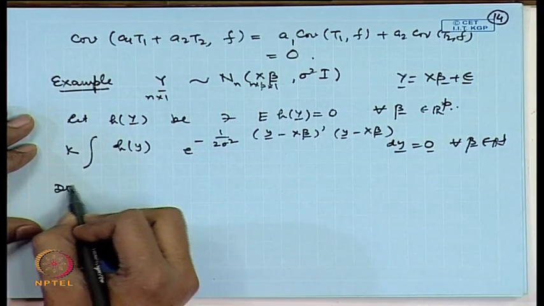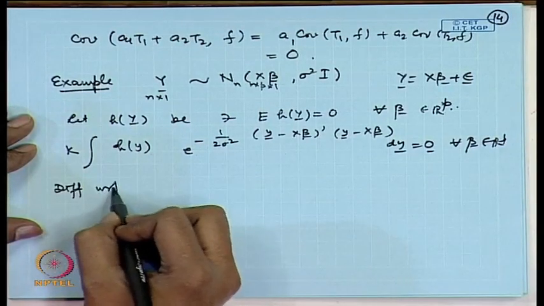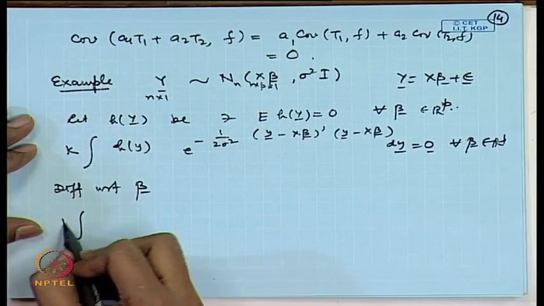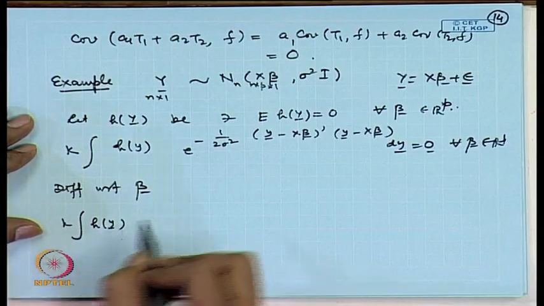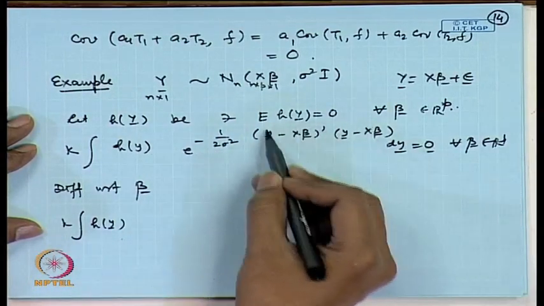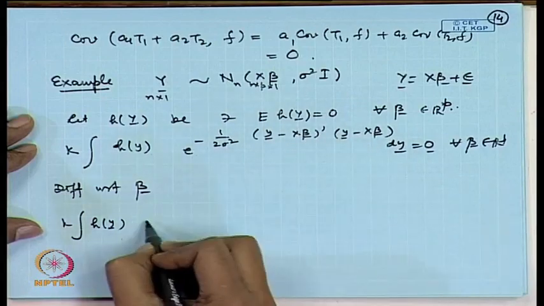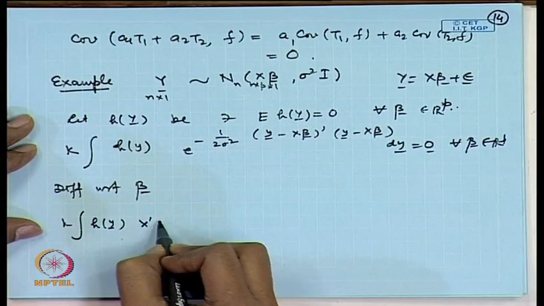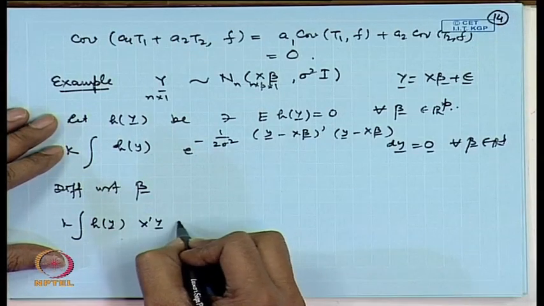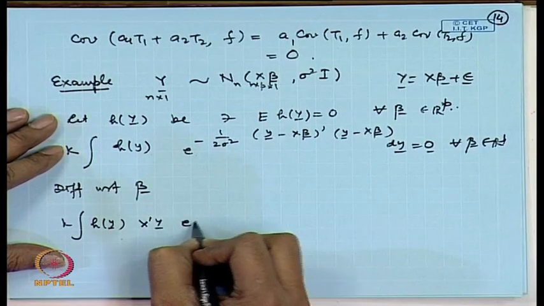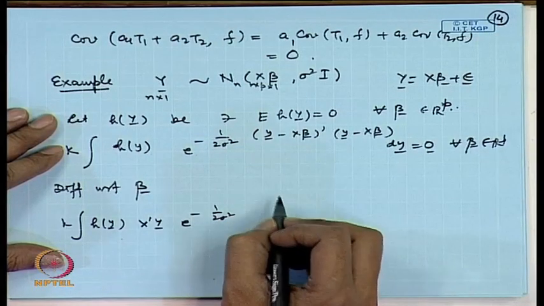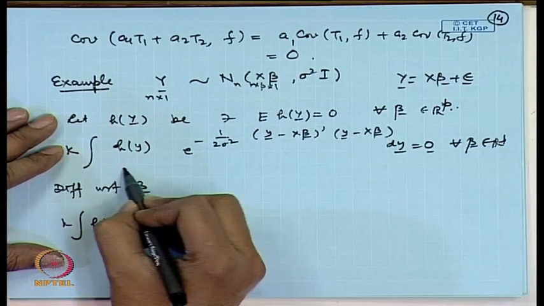Now, you differentiate both the sides with respect to beta, then I will get h(y), then the derivative of this will give this term into the derivative of the exponent with respect to beta, that gives me X prime y, e to the power minus 1 by 2 sigma square. In fact, here I can simplify beforehand.